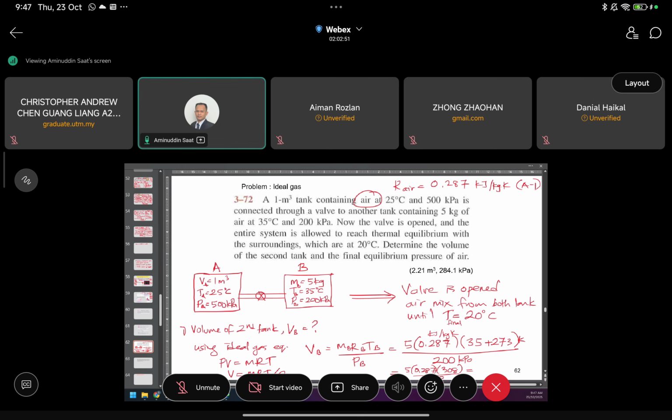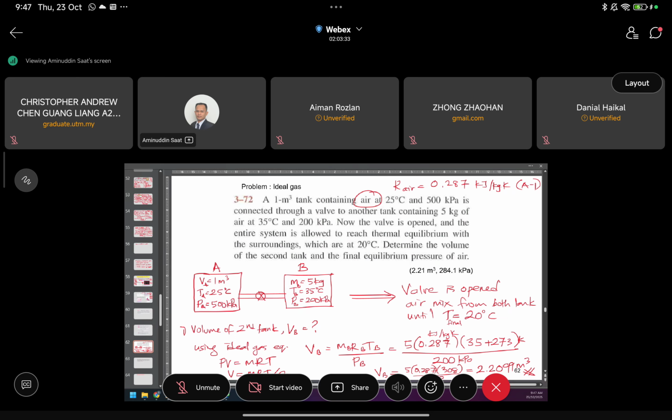Can you get the VB? Anyone get it? Okay, thank you, Ashraf. 2.209 meter cube. Okay, 2.2099 to be exact. So basically it's close to 2.1 meter cubes, the volume.